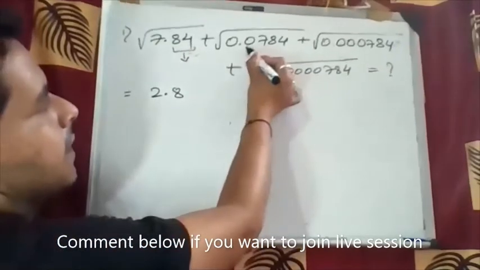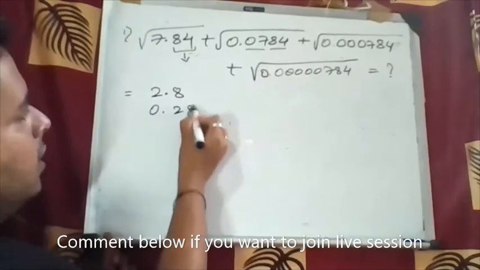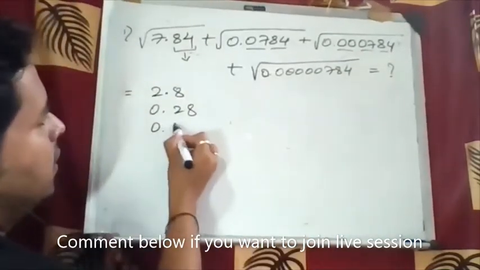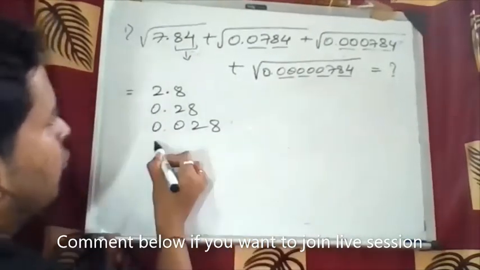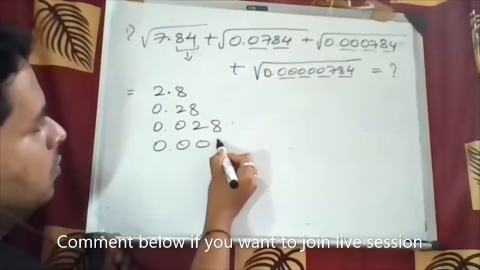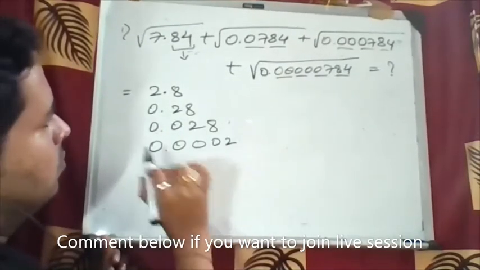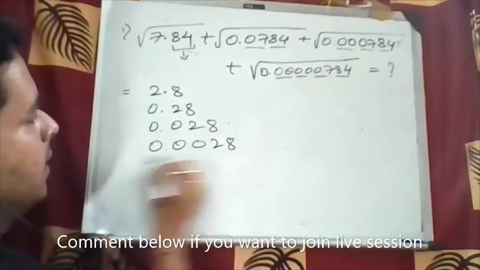Okay, and next is two decimal points. So here 28. Now three decimal points, so here 0, 2, 8. Now four decimal points: 0, 0, 0, 2. Like this.